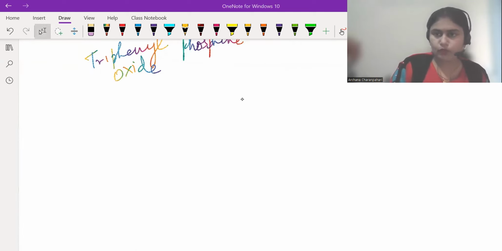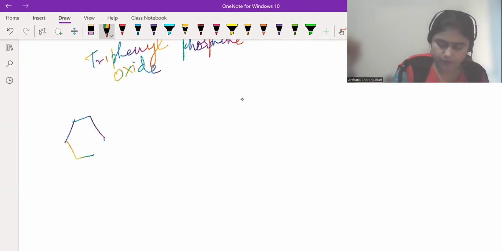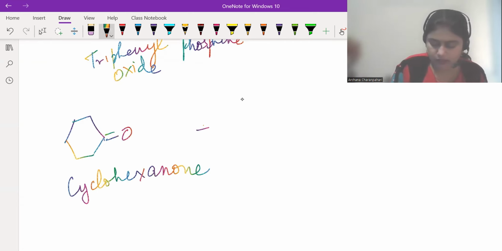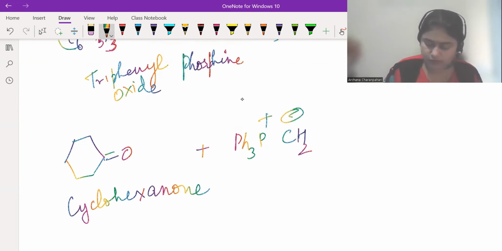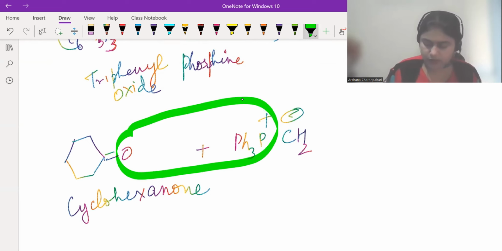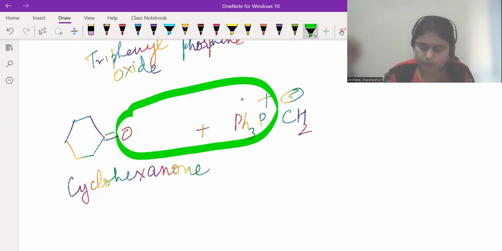We took an aliphatic ketone, that is acetone. Let us take this compound, cyclohexanone, and I treat it again with phosphorane. So you have (C6H5)3P, CH2; this will have a positive charge and this will have a negative charge. Simple. What is to be done is, take this, attach it to here, and the rest will be attached to the carbonyl compound.